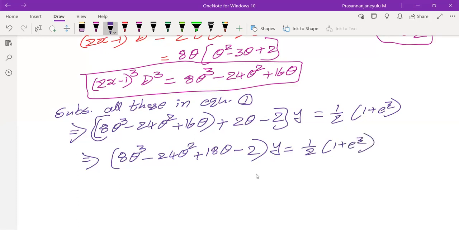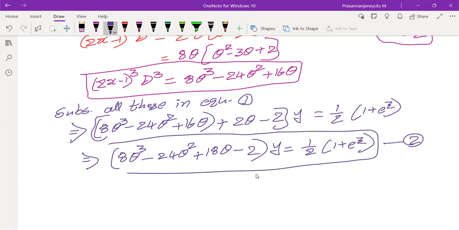Now, taking this as equation number 2, what is equation 2? Is a linear DE with constant coefficients. Check it, yes or no? With constant coefficients.